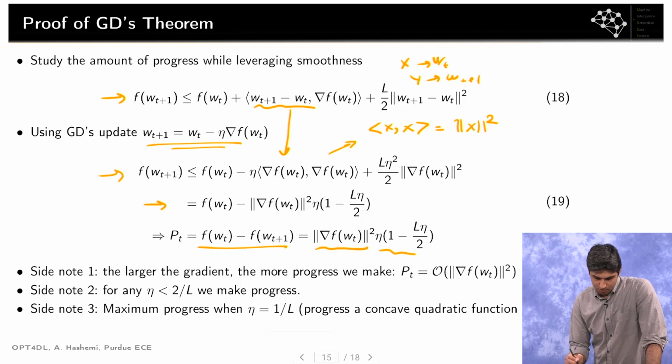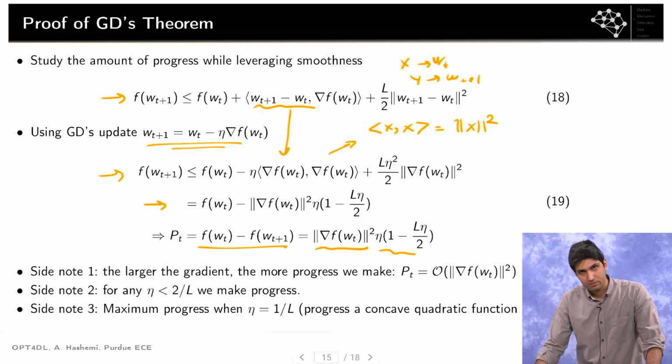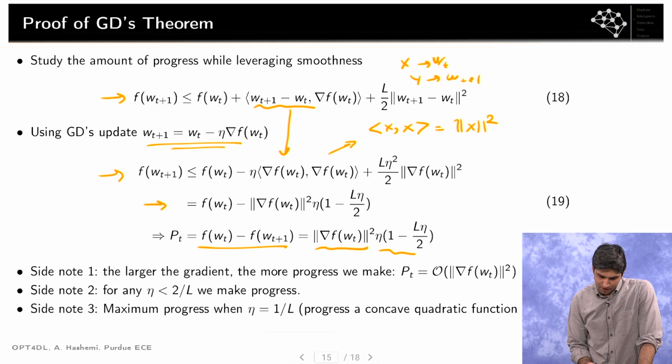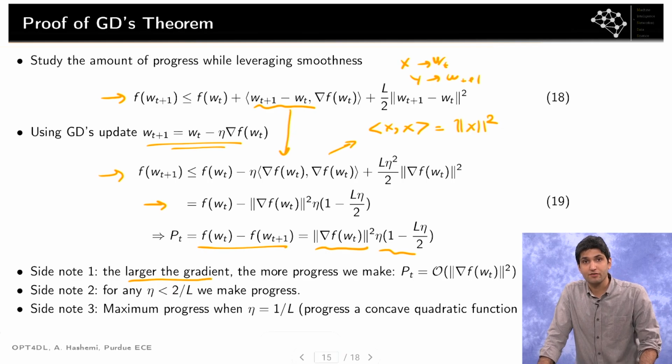Okay? So before proceeding with the rest of the proof, I want to state a few remarks. So first of all, we see here that the progress depends on the norm of the gradient squared. What does that mean? It means that the larger the gradient, the more progress we are making, right? And this is very, very nice.